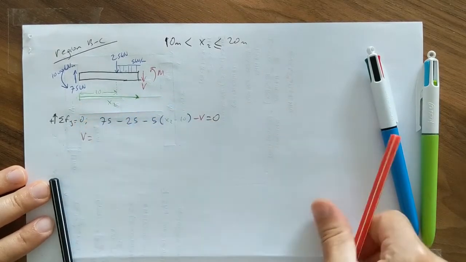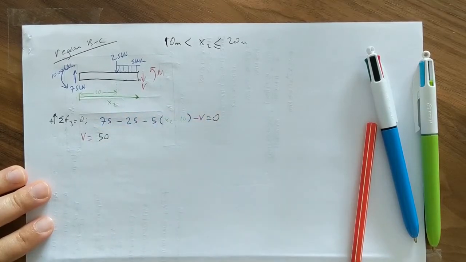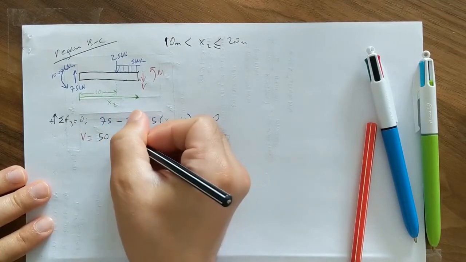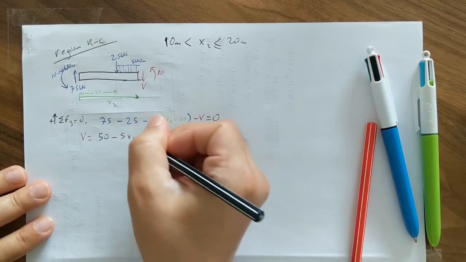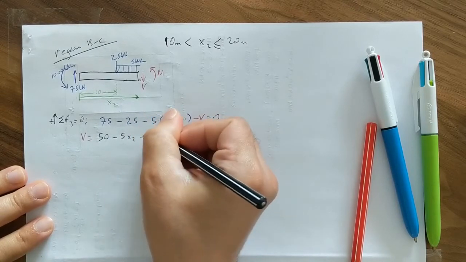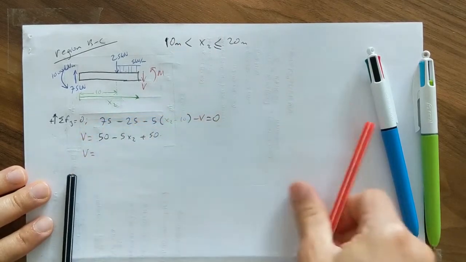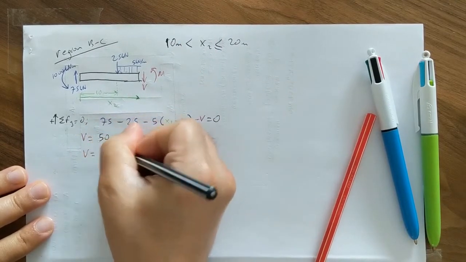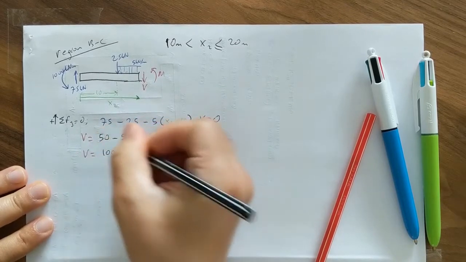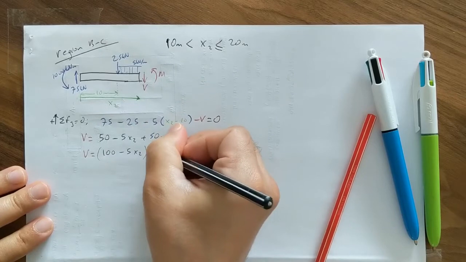V is equal to 50 minus 5x2 plus 50. Therefore, V is equal to 100 - 5x2 kilonewton.